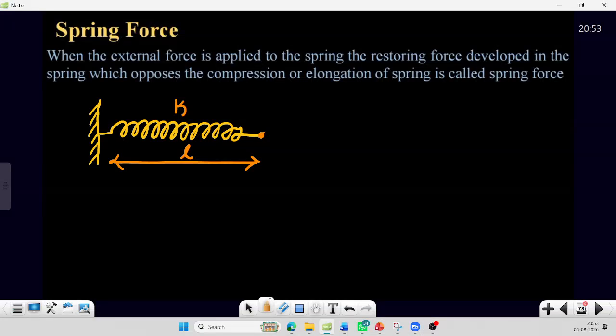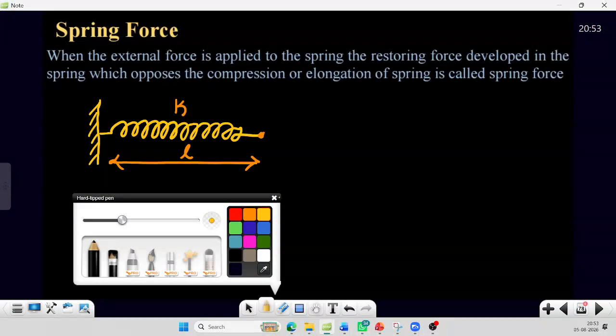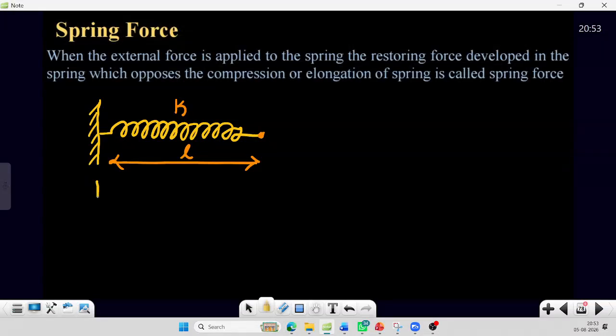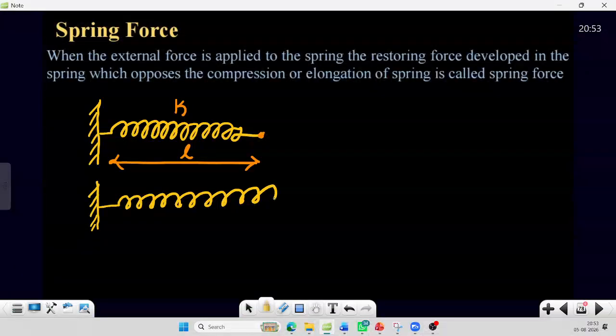Now, consider we have taken the same spring. To this spring we apply a certain force. When we apply it, the gap between the rings decreases. This means we applied some force in this direction.